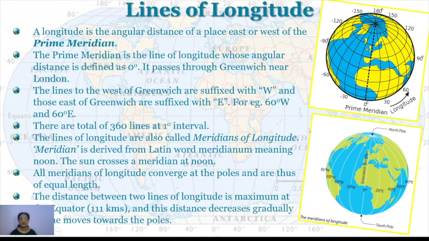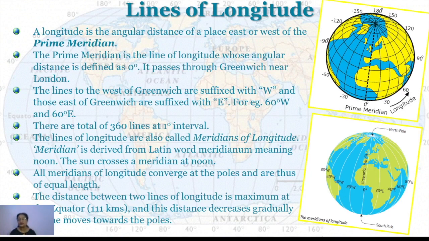There are in total 360 lines of longitude. Suppose you take a sphere, a ball. A ball or any circle, how many degrees does it have? It always covers 360 degrees, right? And just imagine that at every 1 degree we draw a line.